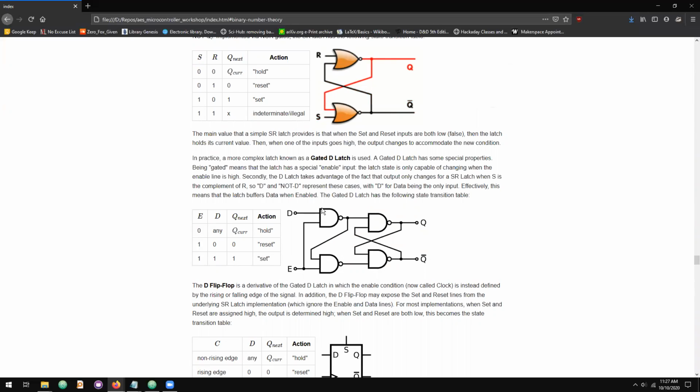The function of a gated D latch is basically there's an enable signal, and that enable allows the system to match the state of D when enable is set. So we can represent that with the state transition table. If E is 0, then the output value doesn't change for this latch. If E is 1, then the output value will always match input value D.